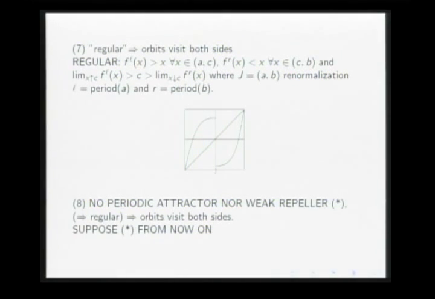So now we will take this as a permanent hypothesis of not having periodic attractor nor weak repeller, because this way it will be regular and orbits will always visit both sides. Okay?